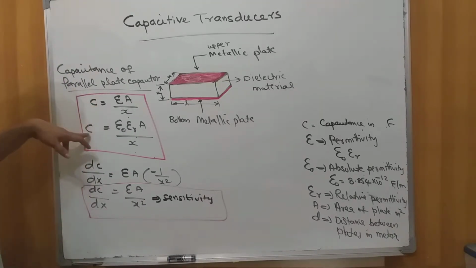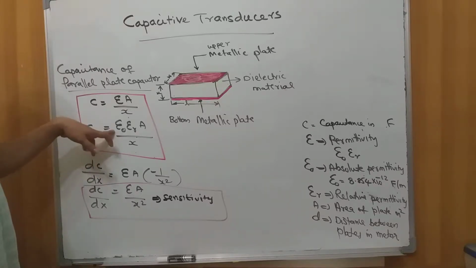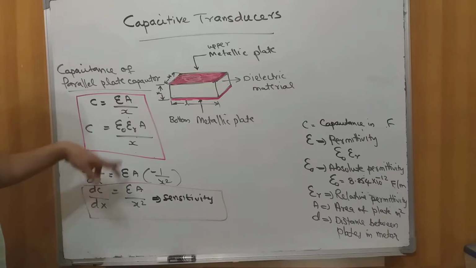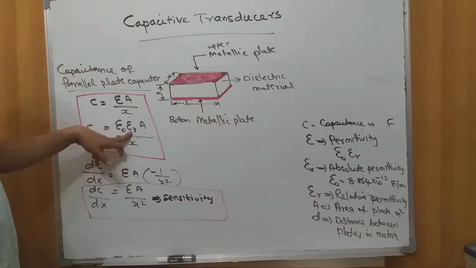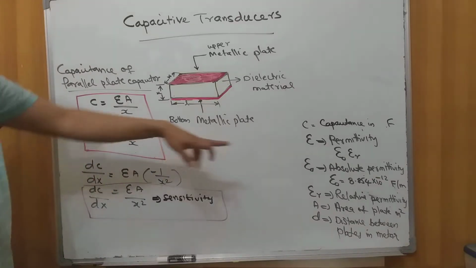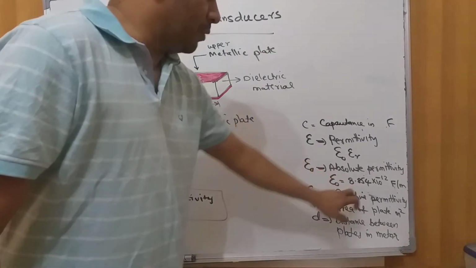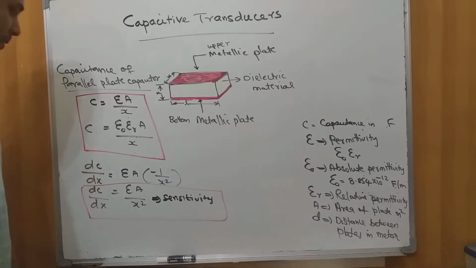So the same expression can be expanded as C equal to epsilon 0 epsilon R A divided by X. If the dielectric is air, then epsilon R is going to be 1. Epsilon 0 is the constant value, 8.854 into 10 raised to minus 12 farad per meter.